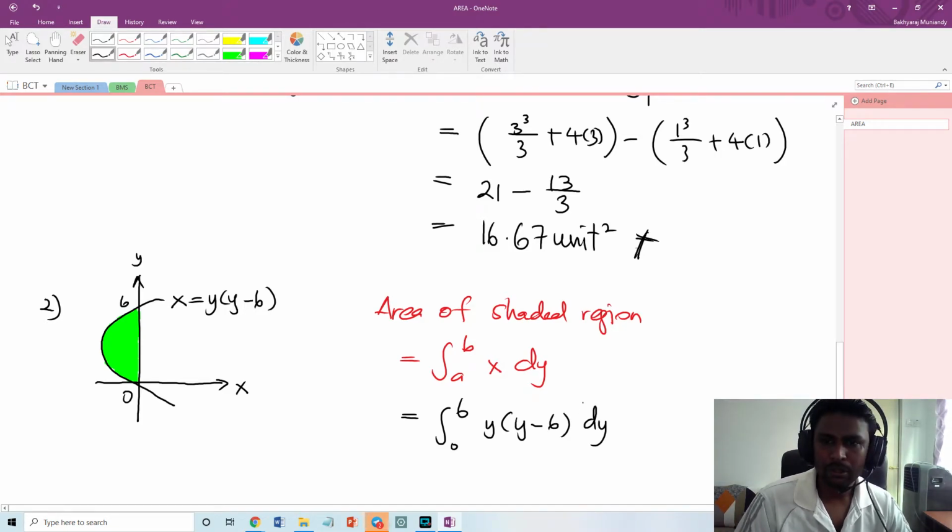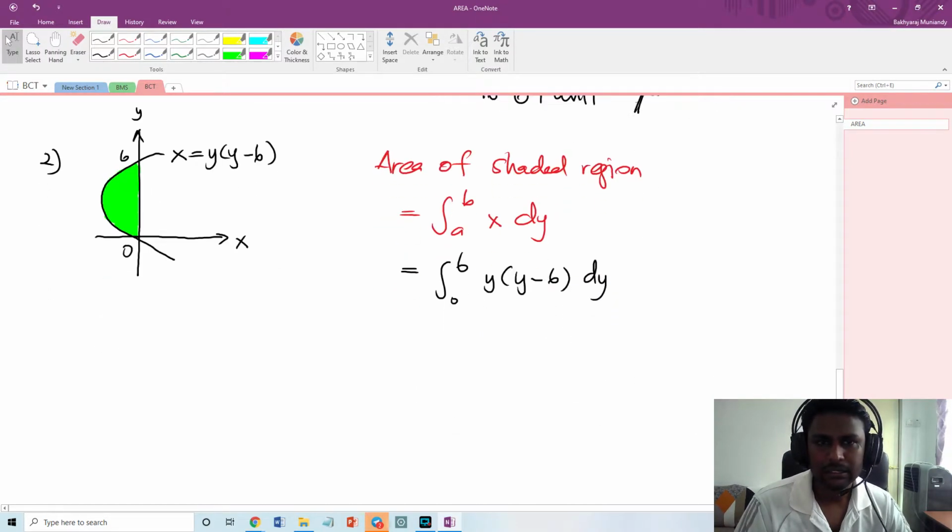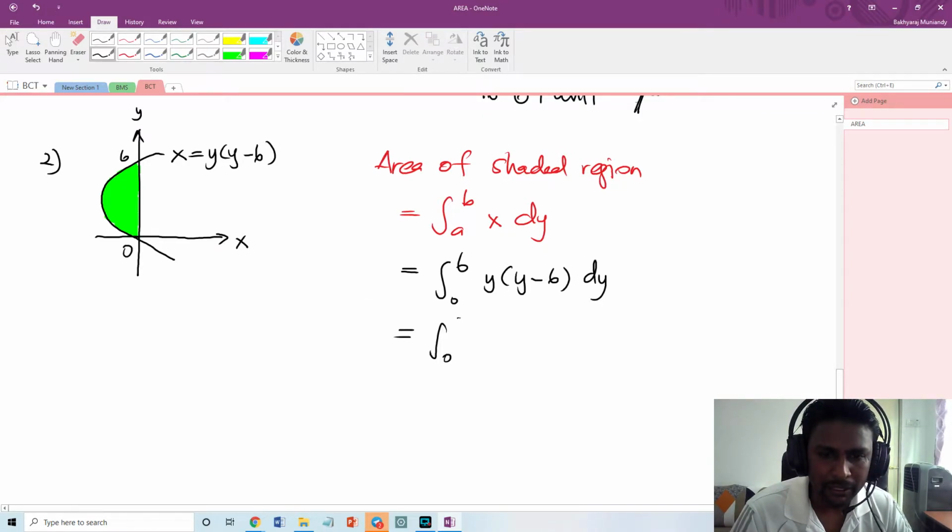Now we try to manipulate this. In order to solve, we need to expand. So y times y is y square, and y times 6 will be negative 6y dy.